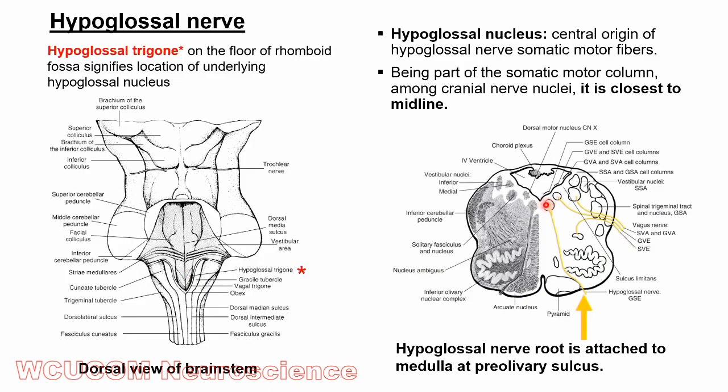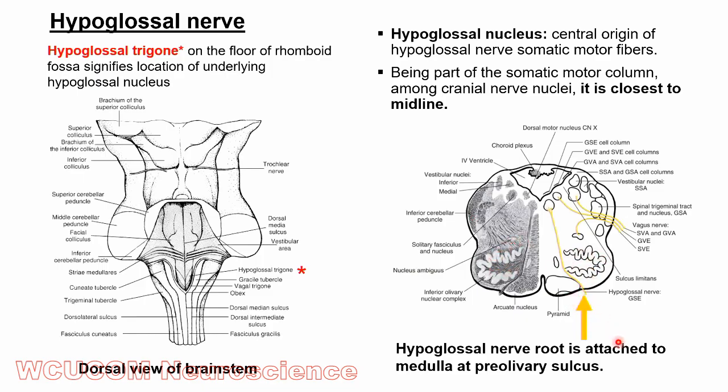And if you trace the nerve, sure enough, this would be sort of my histologic representation of the hypoglossal nerve root being attached to that pre-olivary sulcus, because I am seeing that olive, the inferior olive, and it's medial to that, and the nerve is coming out.